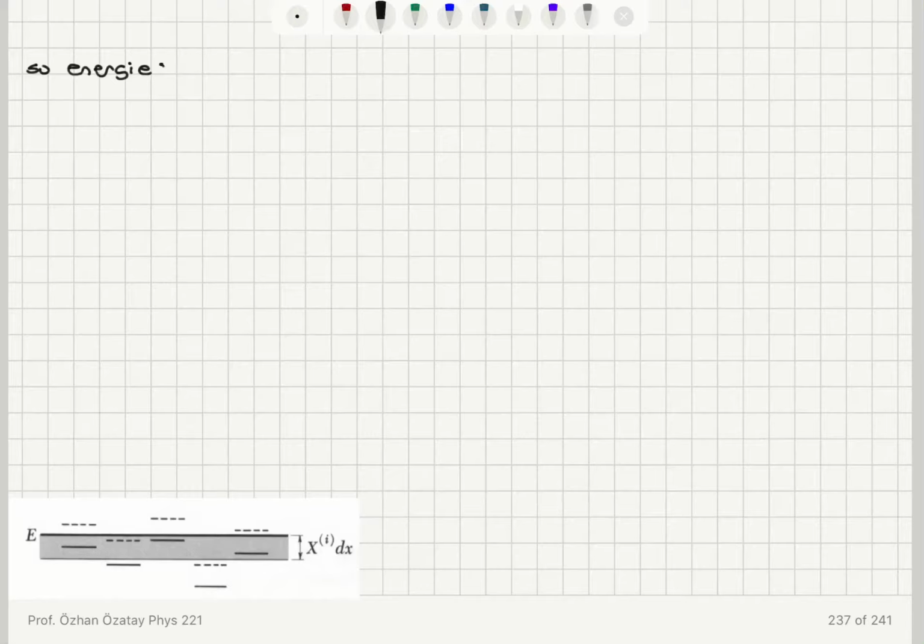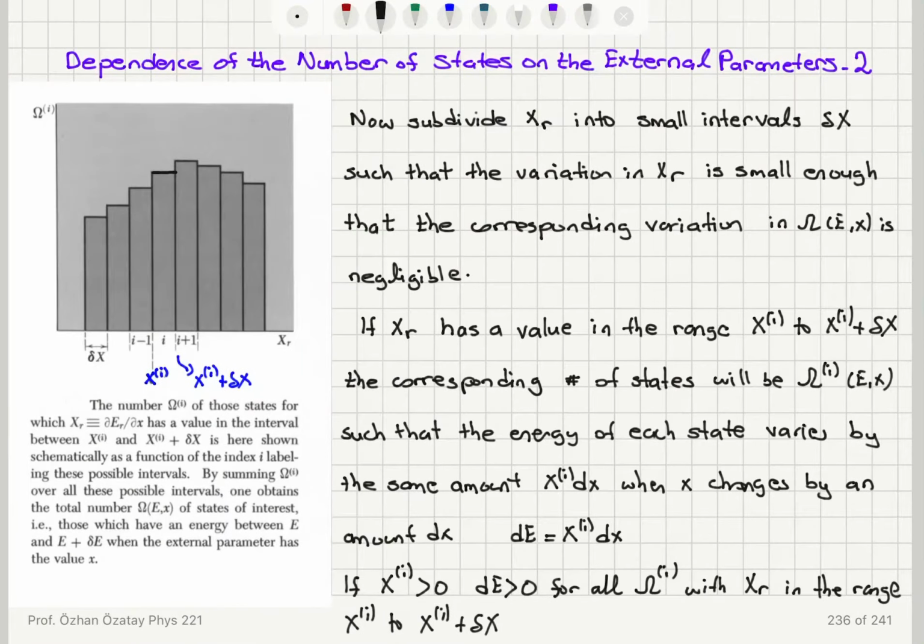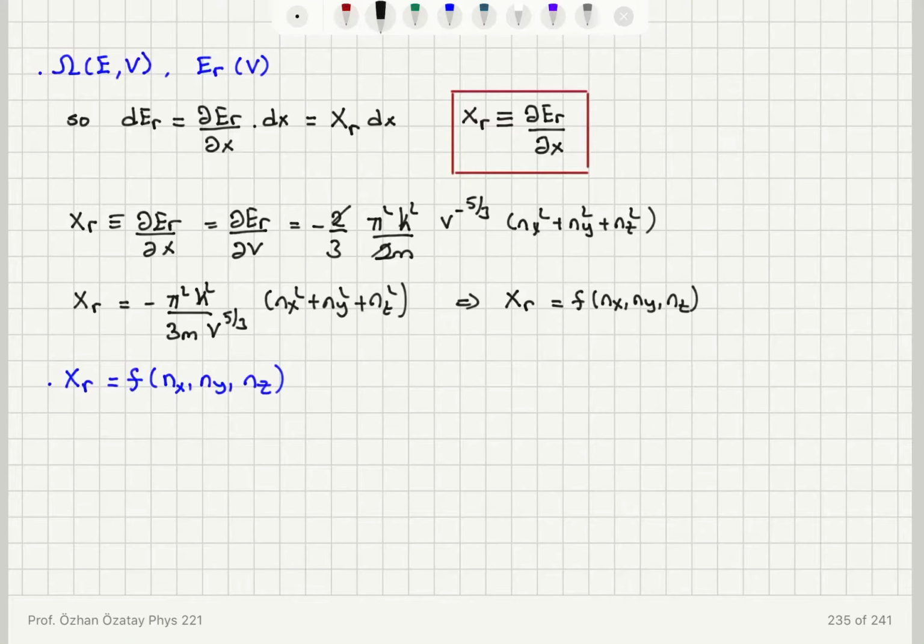So the energies of such states, those particular set of states that have a value xi, will change by the same amount dE. Remember that we have a different xr value for a different state.